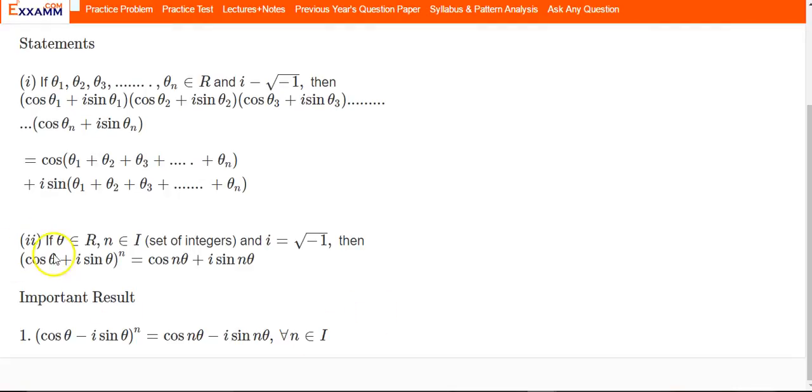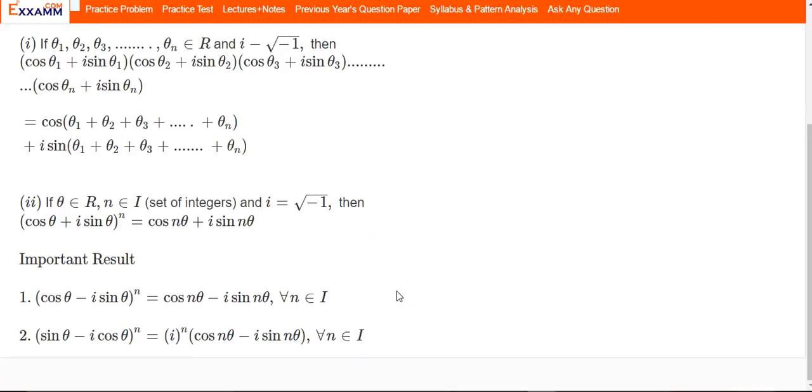If instead of the plus sign here, we have (cos theta minus i sin theta) to the power n, then its value would be cos n theta minus i sin n theta for all n an element of I. Then what is the value of (sin theta minus i cos theta) to the power n?